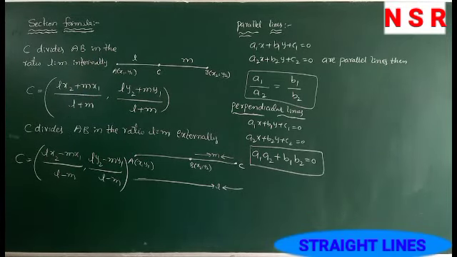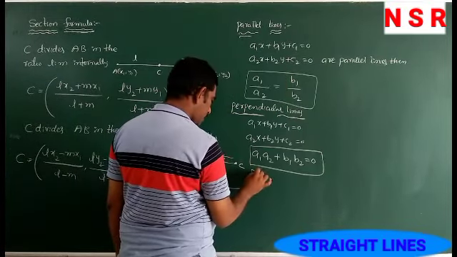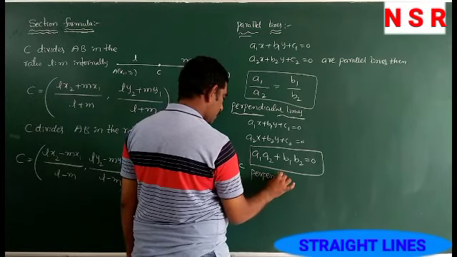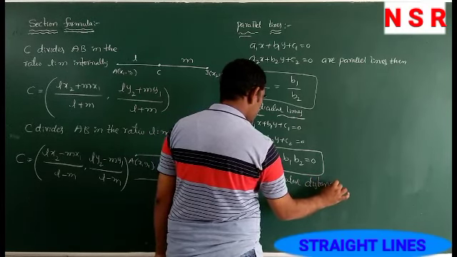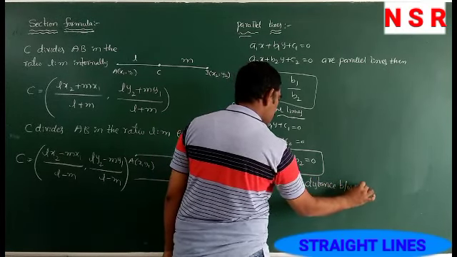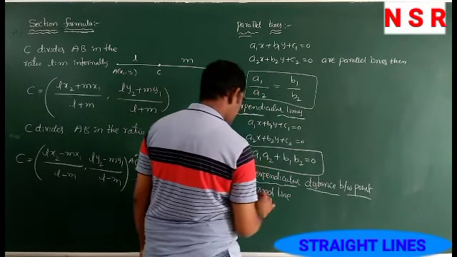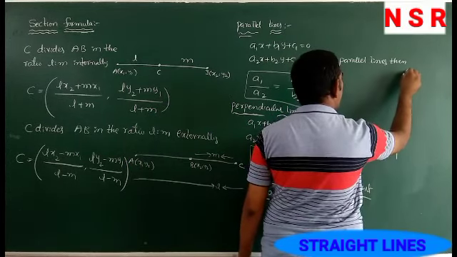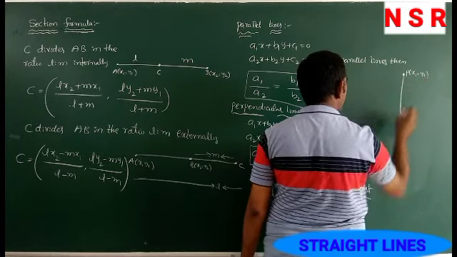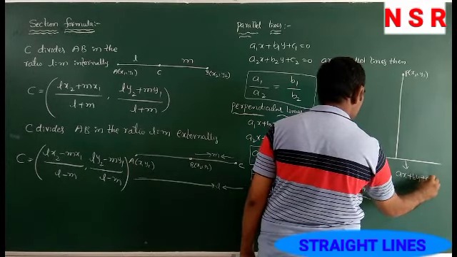So next we have one formula, the perpendicular distance between a point and a line. If we have one point and one straight line, what is the perpendicular distance between them? Suppose this is point P (x1, y1), and this is the line ax plus by plus c equal to 0.